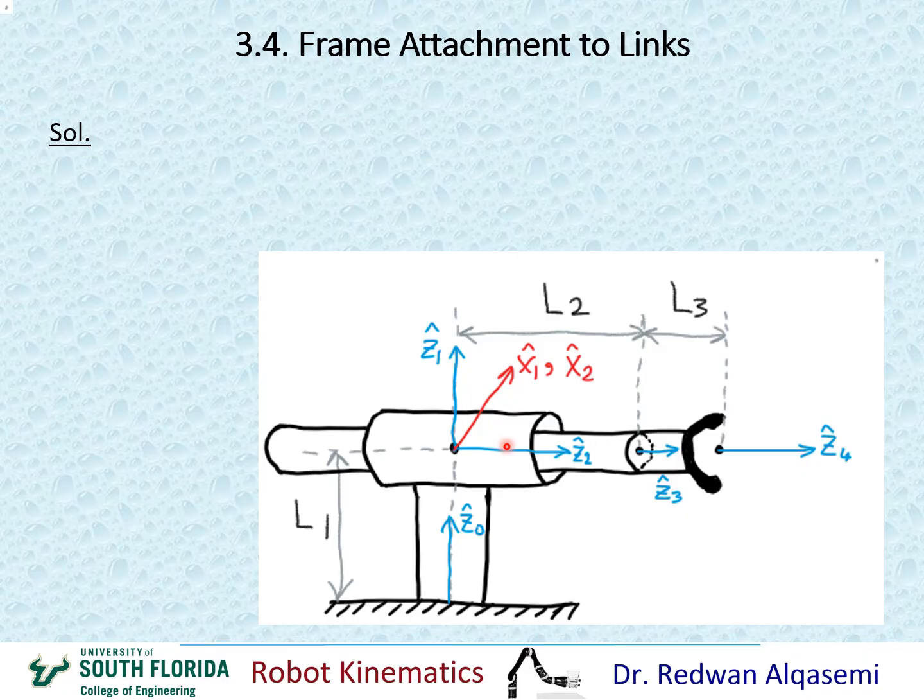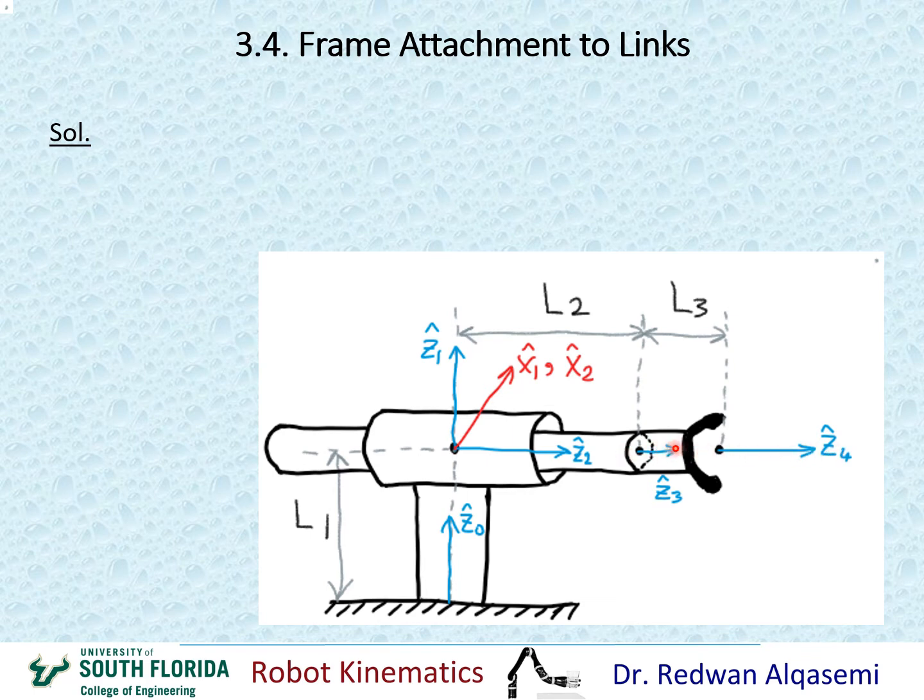Now going to x3. x3 is the common perpendicular between Z3 and Z4. This is Z3 and this is Z4. As you can see, they are the same line. Again, that means we have infinitely many points of intersection between Z3 and Z4.